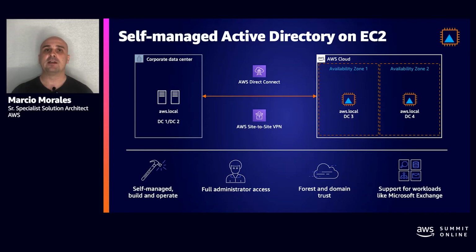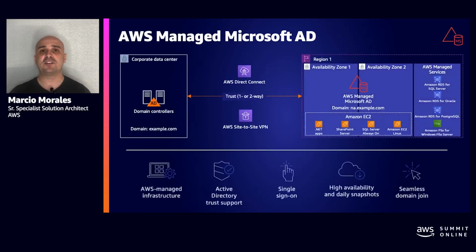Now, let's say you still want to use your on-premise identities to log in on AWS resources. However, you don't want to manage domain controllers at AWS. So what you can do is to use AWS Managed Microsoft AD. The Managed Microsoft AD is going to deploy two domain controllers in different availability zones.